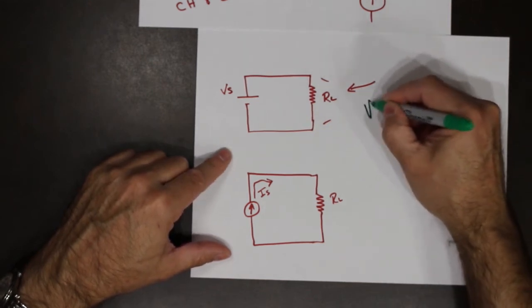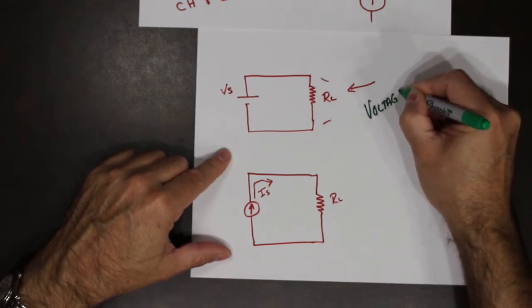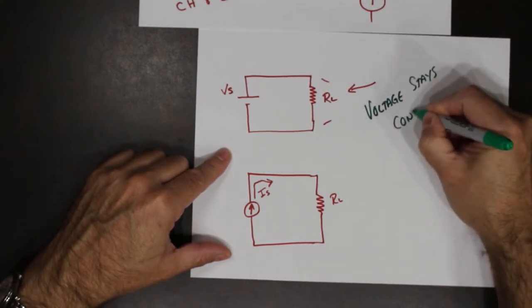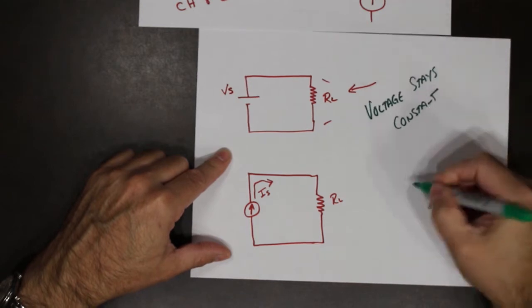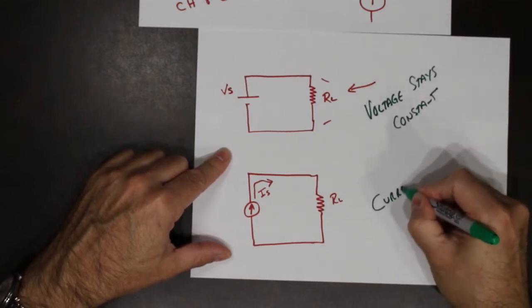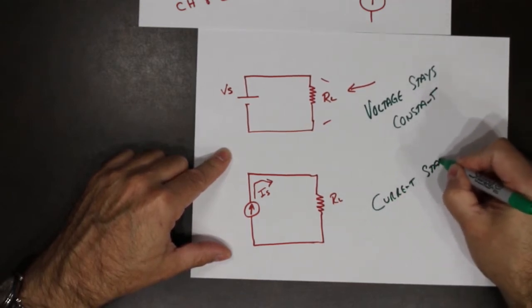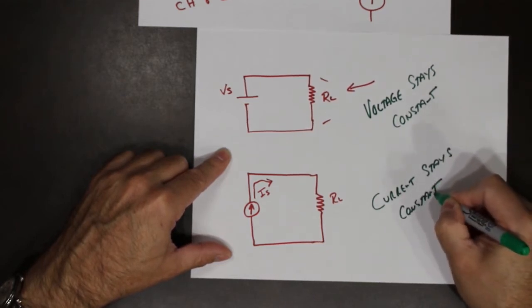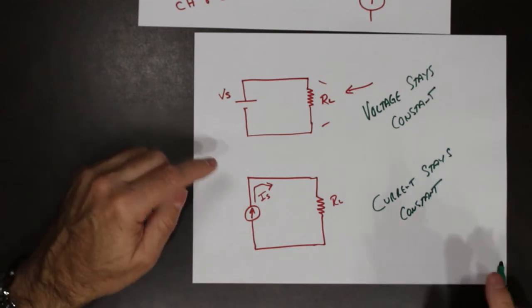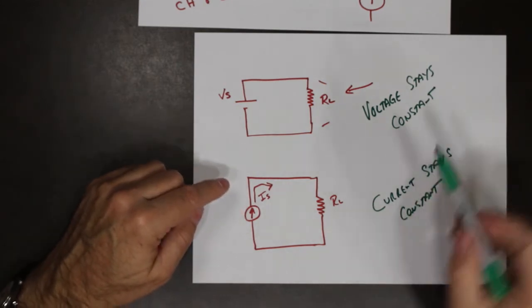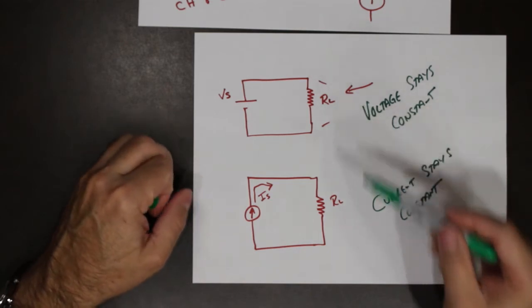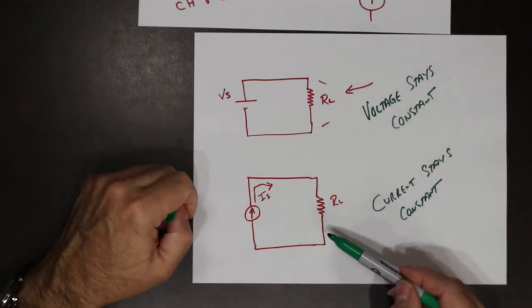So in this case, the voltage stays constant. Here, the current stays constant. So even though I vary the load, in this particular case, the voltage remains constant. In this particular case, the current remains constant.